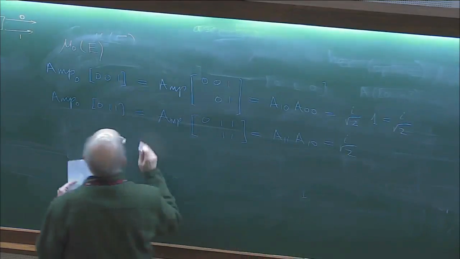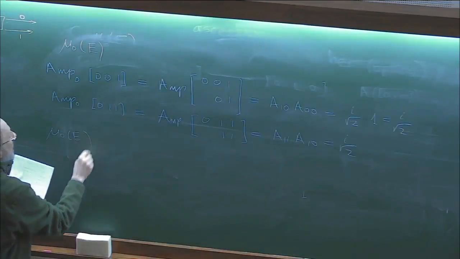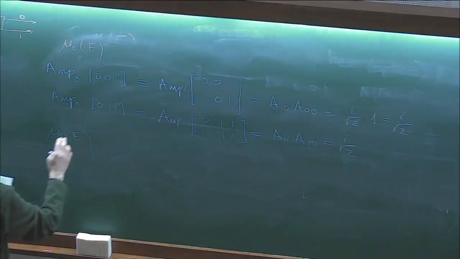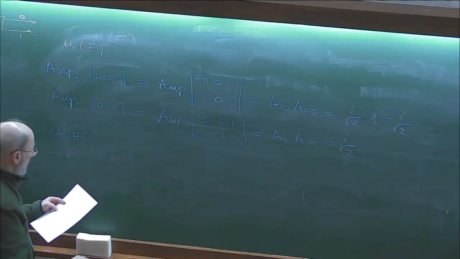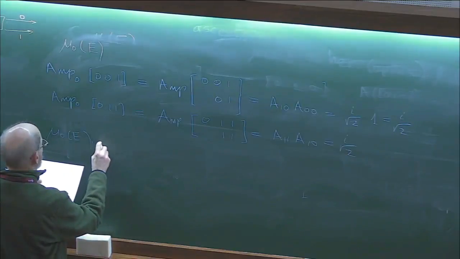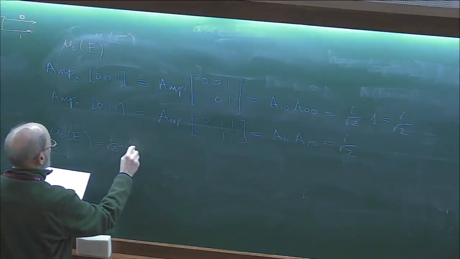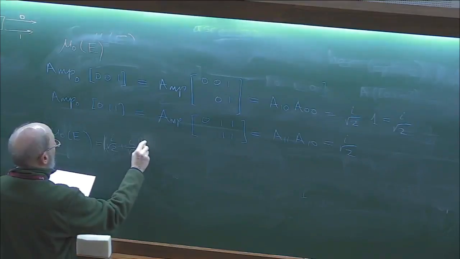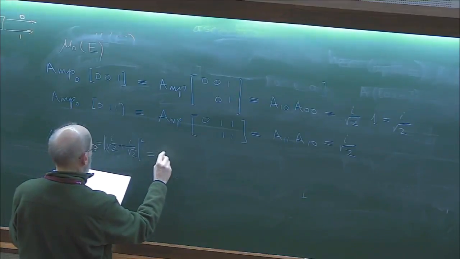Therefore, looking at just the first column, mu naught of E, what do we have here? We have two events, both with the same final beam, so they interfere. So the rule is, we can write it in two ways. We can write it as i over the square root of 2 plus i over the square root of 2. Add the amplitudes first, then square, and that equals 2.